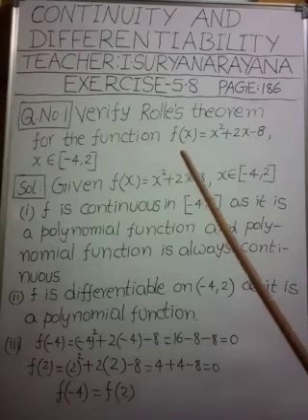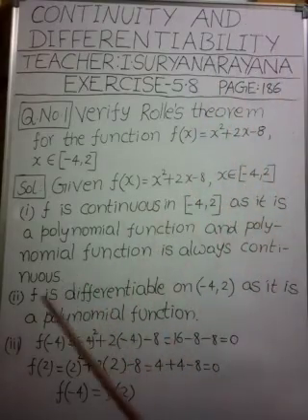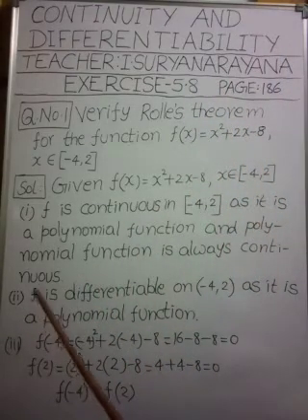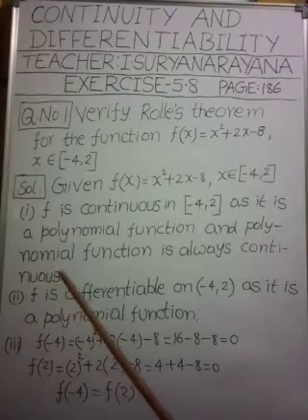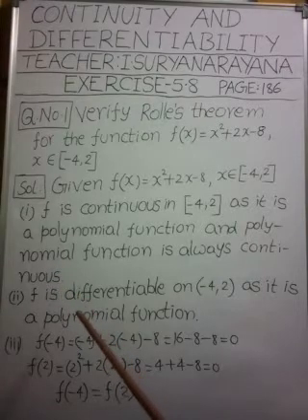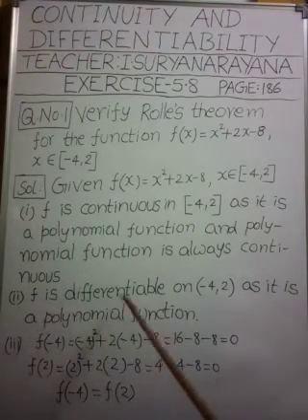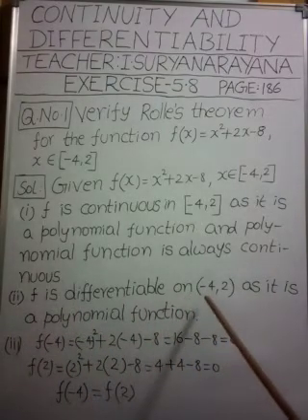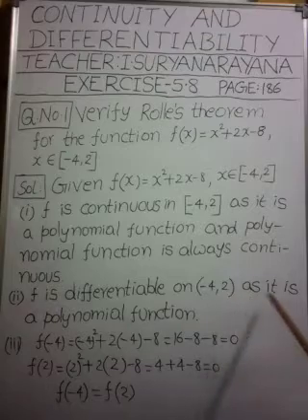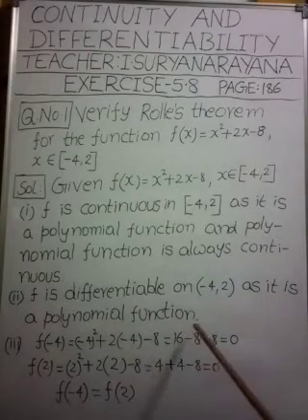Understood this point? Now come to the second point. What is the second point? The function should be differentiable on the open interval (a, b). See here, f is differentiable on the open interval (−4, 2), as it is a polynomial function.